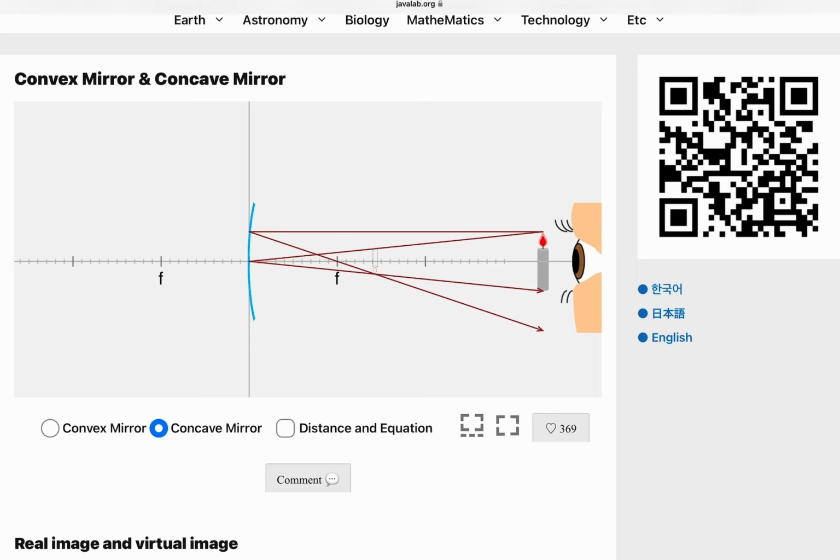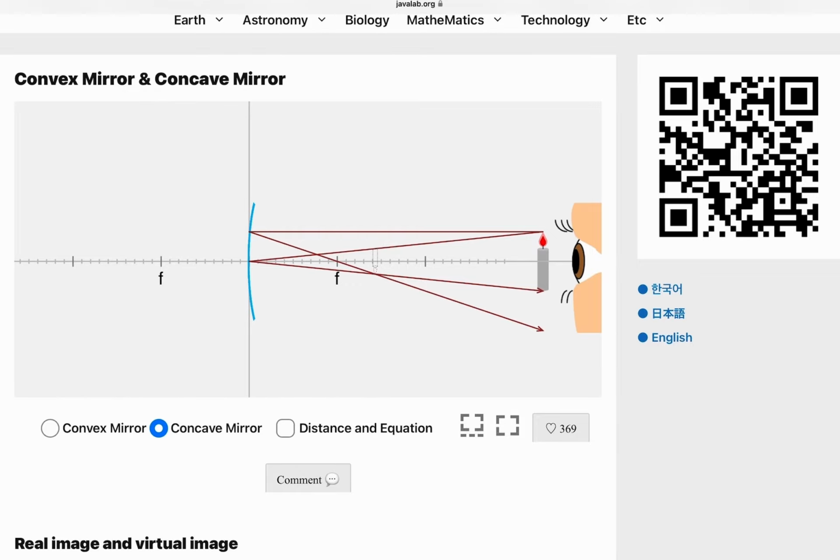So if we place the object, you might see this in your book. There are, I think, 6 image formations by a concave mirror, but believe me, they're easy. Just look at the simulation. It's going to be really easy, and if you want to memorize them later, they're going to be really easy.